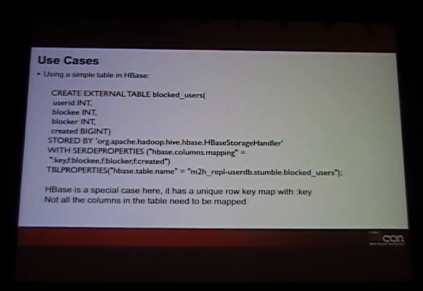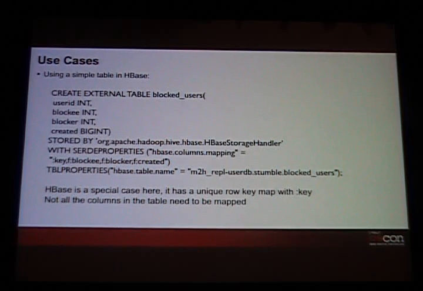And then you have all the columns, and then you say STORED BY, and this is the big long class name that you have to give to Hive in order to understand that it's stored in HBase. And then with SERDE properties, SerDe is the serializer in Hive that can tell how to parse certain fields.